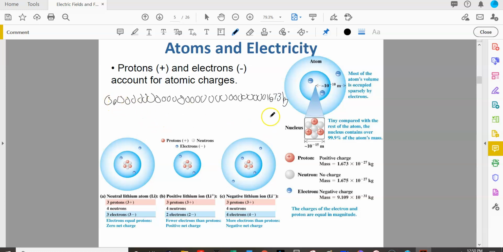So a proton is a super small mass, and a neutron is about the same mass. It's just a little bit larger.